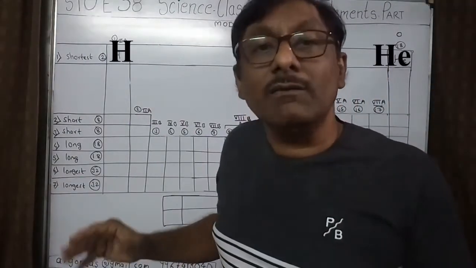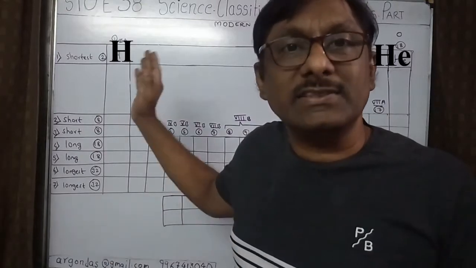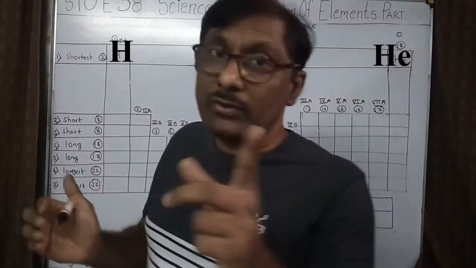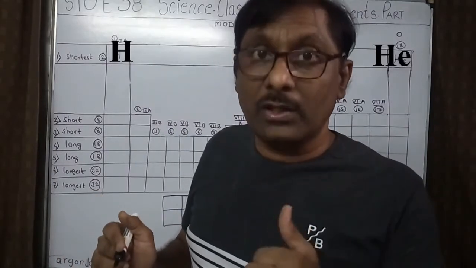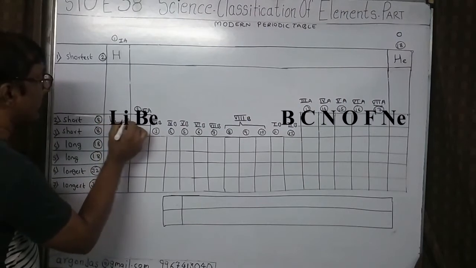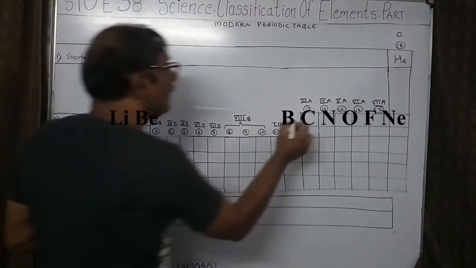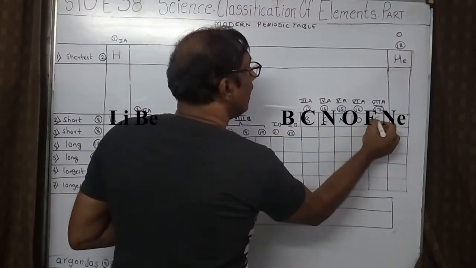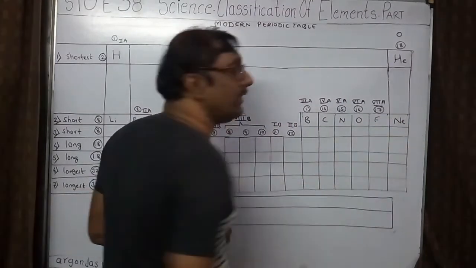Now let us write all the elements in the second period and the third period. I will show you the trick to remember them, but for now let us write them down. We will start from here. Lithium, beryllium, boron, carbon, nitrogen, oxygen, fluorine, and neon.